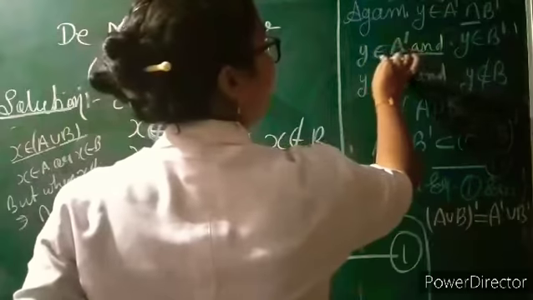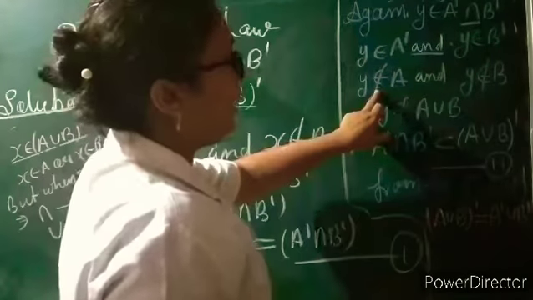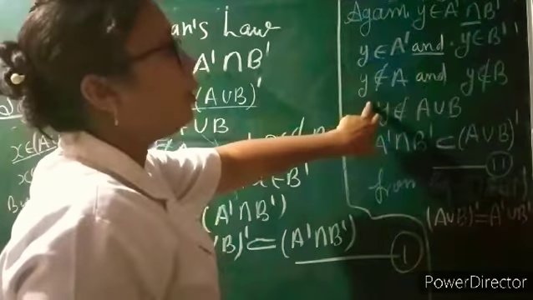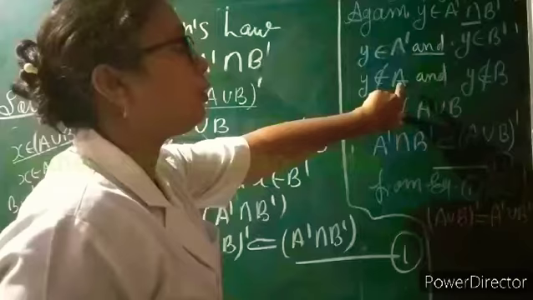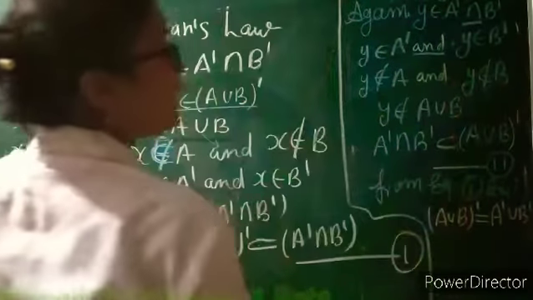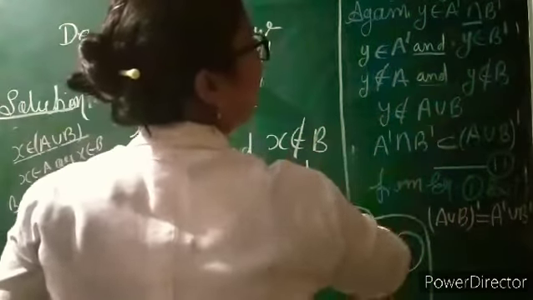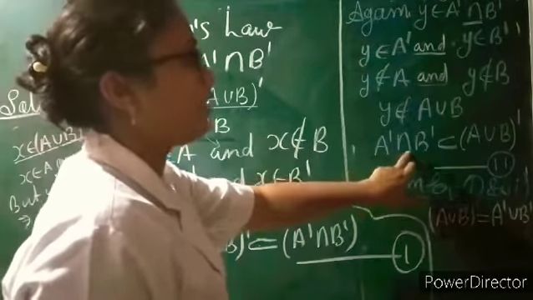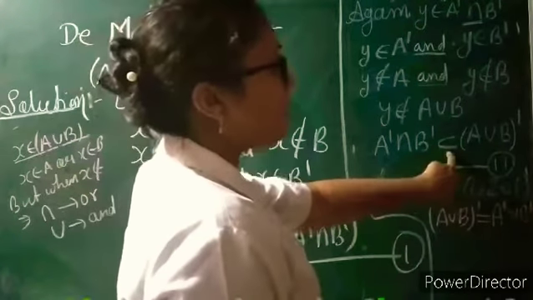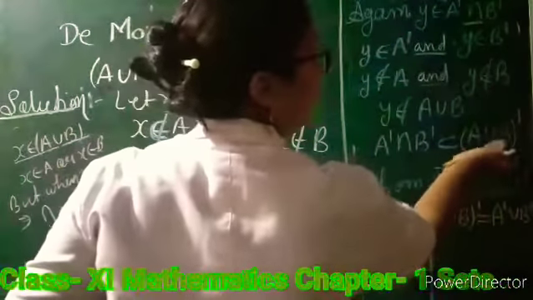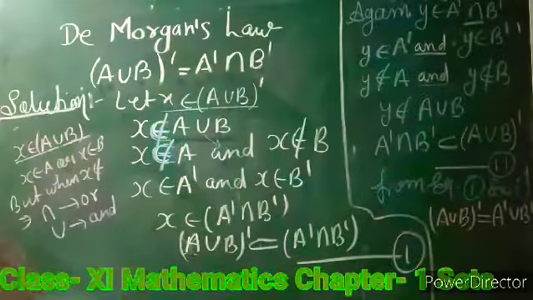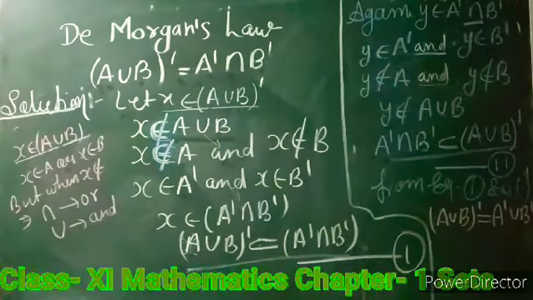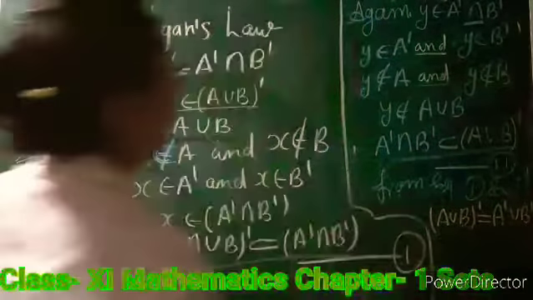Because of this belonging to, we write here and if they belong to A dash, X does not belong to A. Same in B. That is why we remove and we write here union. So you see the complement of set A intersection complement of set B is a subset of the complement of A union B. From equation first and second, you see both are subsets. That is why they are equal, hence proved.